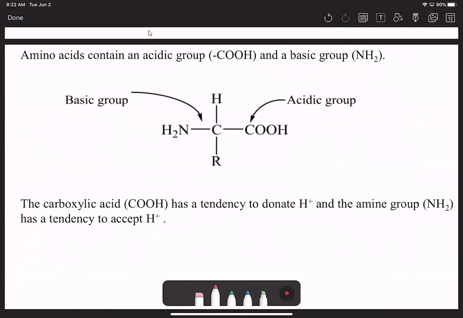Now, amino acids contain both basic groups and acidic groups. If I were to draw this simple structure here, well, that's a carboxylic acid and it's acidic. Here's butanoic acid, and butanoic acid is a weak acid.